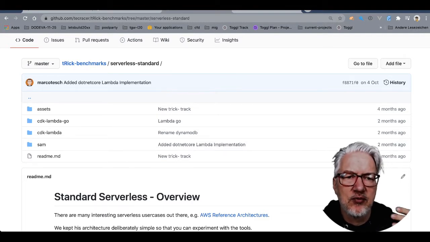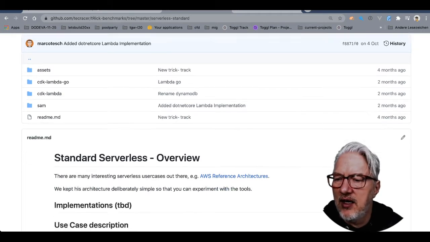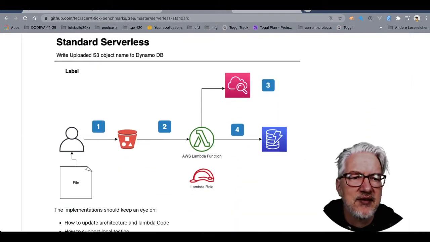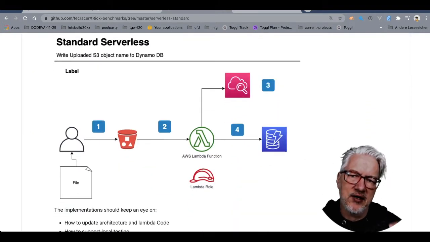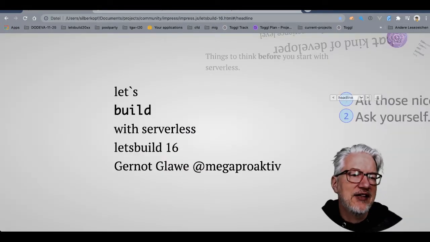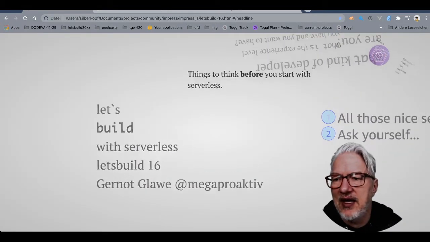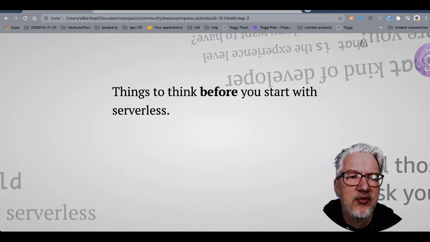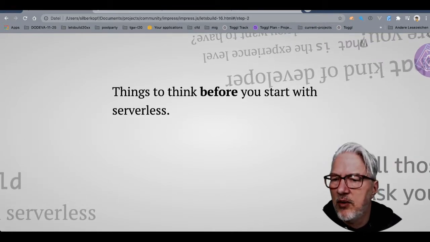And we have ready out-of-the-box templates which are running, and this is our standard use case. And I invite you the next 2 sessions to try some of these frameworks out. But at first, let's build with serverless and look at things before you start with serverless.